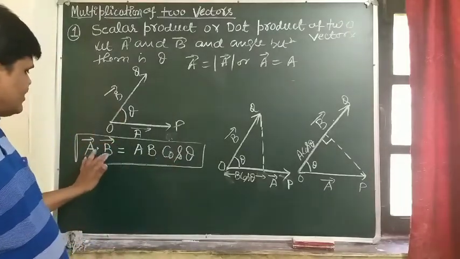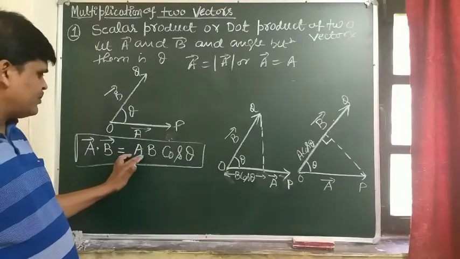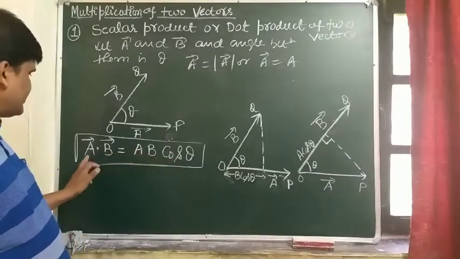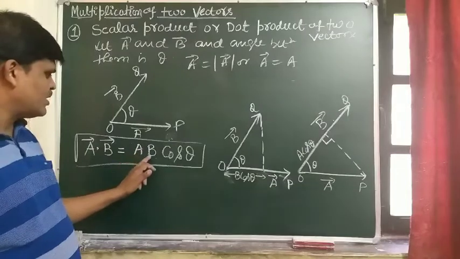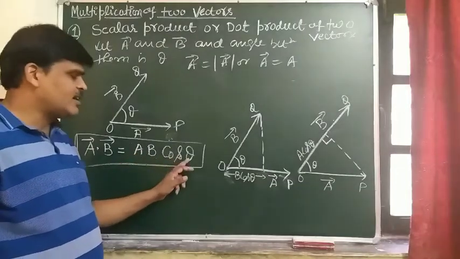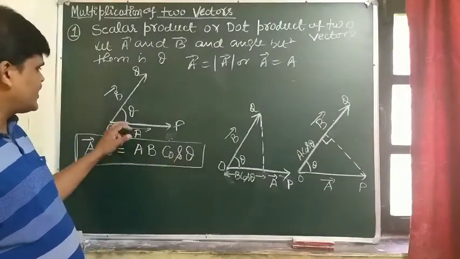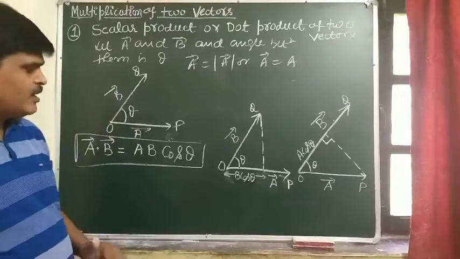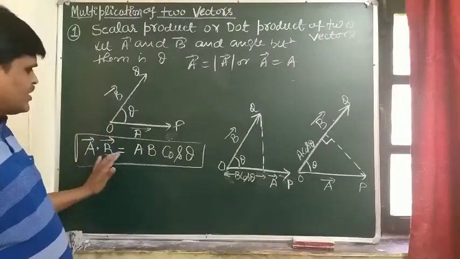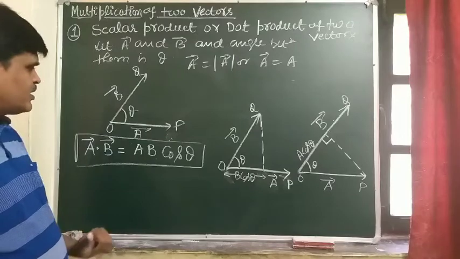So vector A dot vector B can be written as AB cos theta, where A is the magnitude of vector A, B is the magnitude of vector B, and theta is the angle between them. This product is known as scalar product.